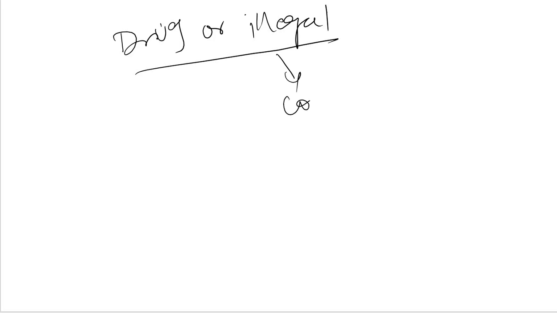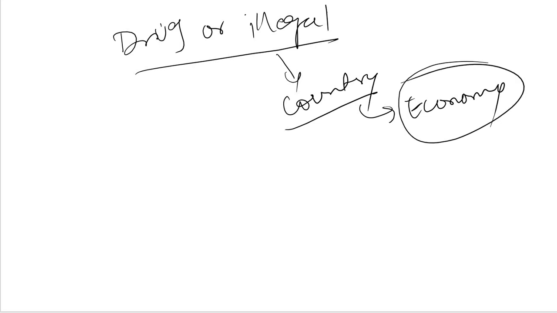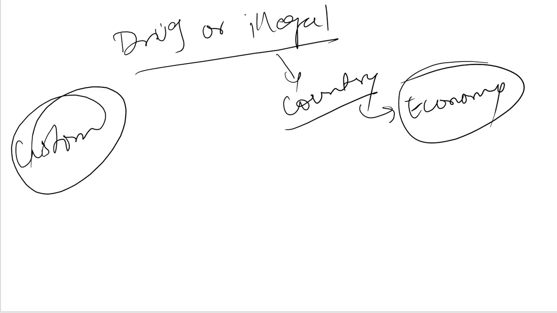It is because whenever drugs or illegal items are being taken into the country, it will first impact the economy of the country. That's why whenever we get out of the airport, a customs department will be there just to verify what all things we are bringing from another country into our country.